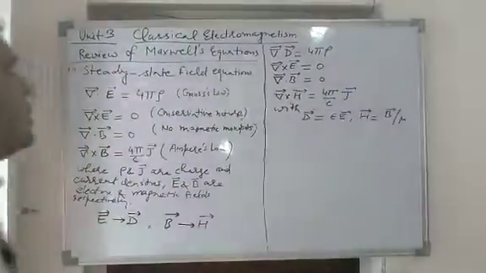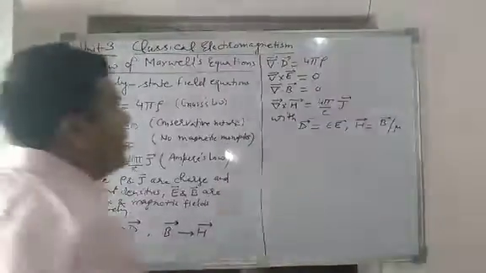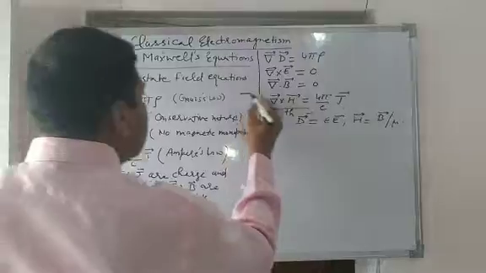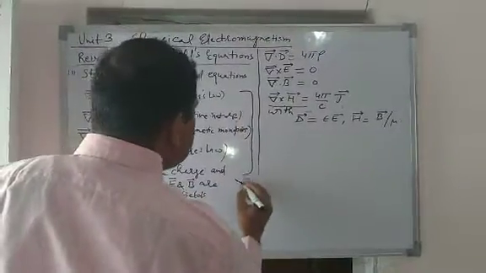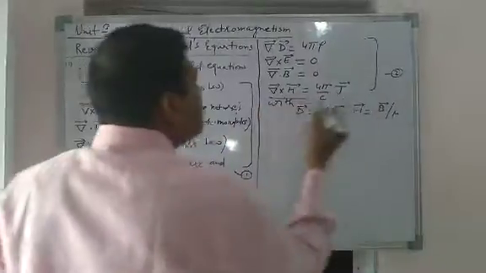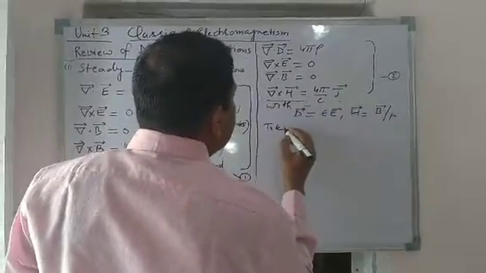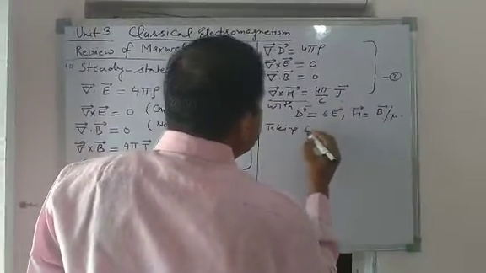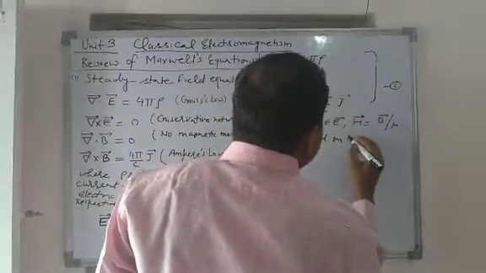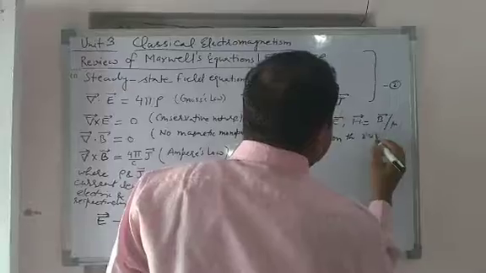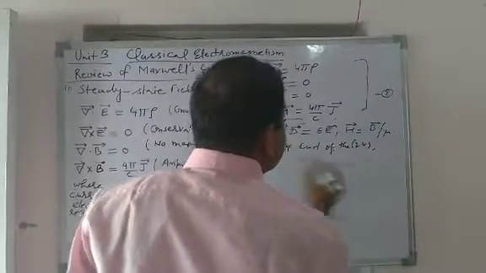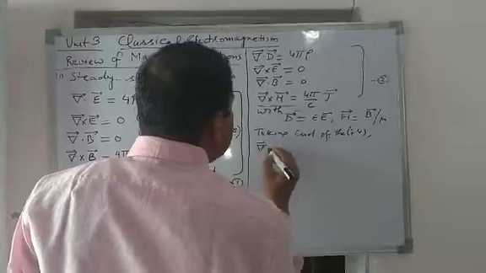In these equations, let's give some numbers: these are equation number 1, these are equation number 2. So if we just take the divergence of the last one, equation 2.4, what will we get?